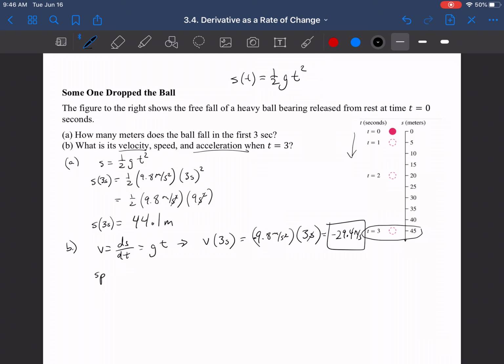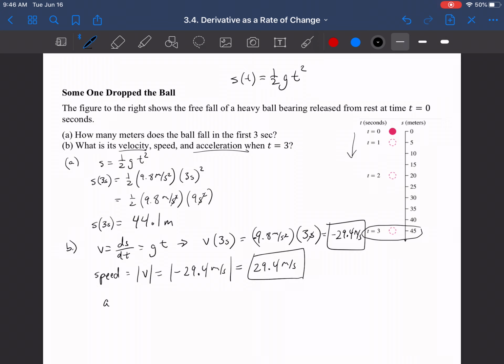For the speed, it should be pretty simple here. Remember, speed is the magnitude or the absolute value of velocity, which means it's the absolute value of negative 29.4 meters per second, which is just 29.4 meters per second. So there's your speed.